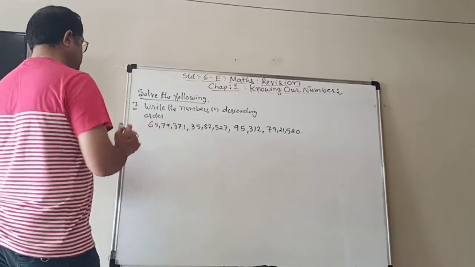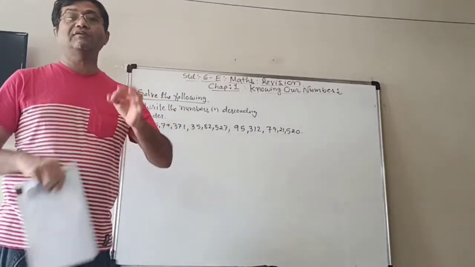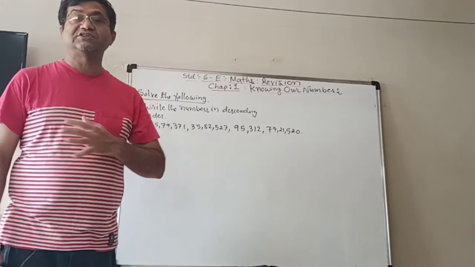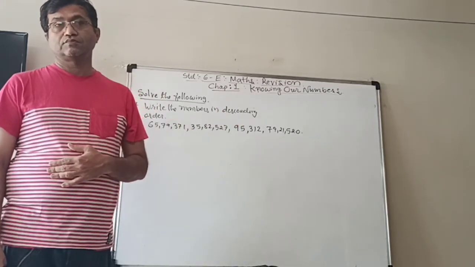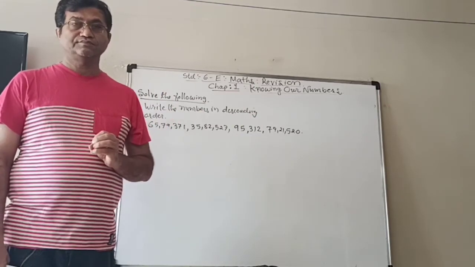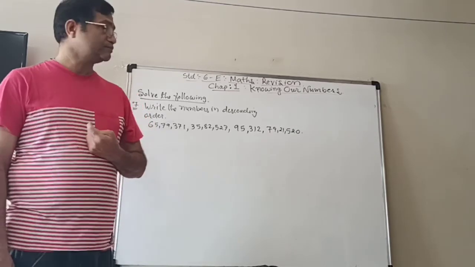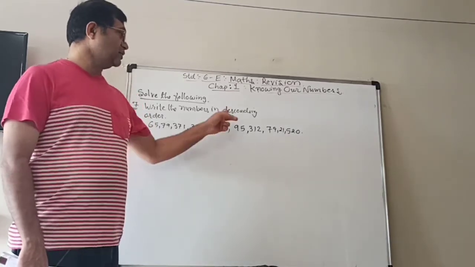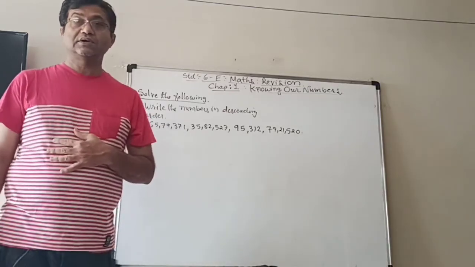So now generally, first of all we have to check the number of digits of all the numbers. Then probably you will find the smallest number from that. Now here we are going to write down descending order.